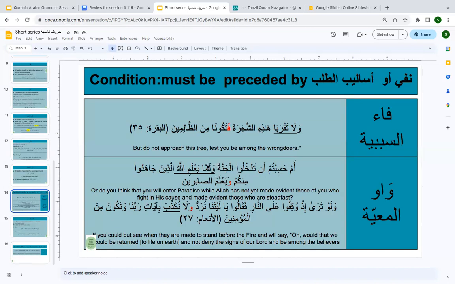Yes or no? No. So this cannot be Wawul Ma'iyya. The first waw is not Wawul Ma'iyya, but it can be waw haliyya. So don't forget your waws, okay? When I say "while," it should make you think of waw hal.